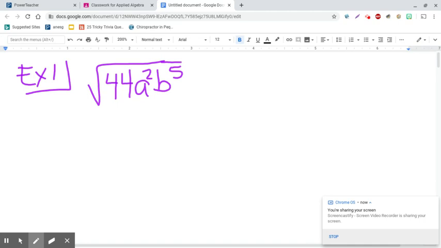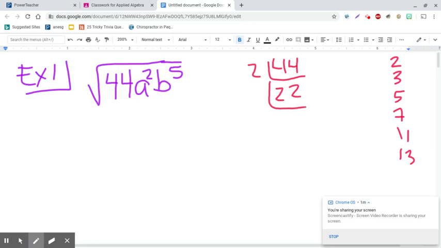The first thing we're going to do is take 44 and prime factor it. Remember, your prime numbers are 2, 3, 5, 7, 11, 13. What one of these numbers goes into here? It's even, so I'm going to do 2. 44 divided by 2 gives me 22.